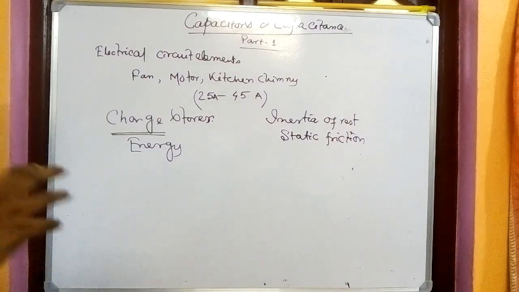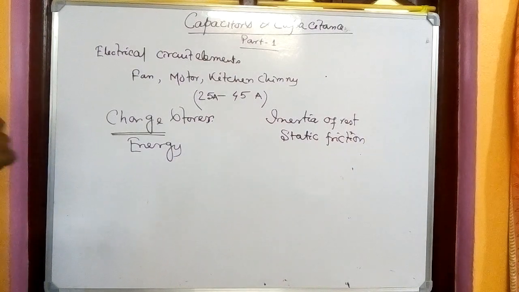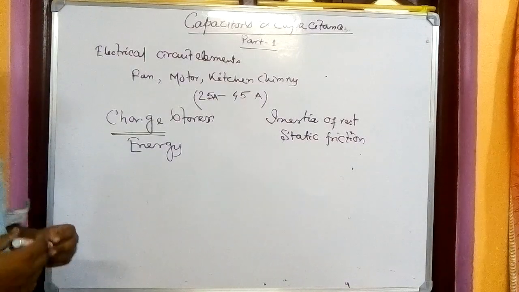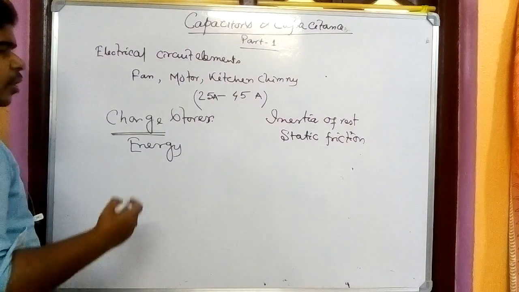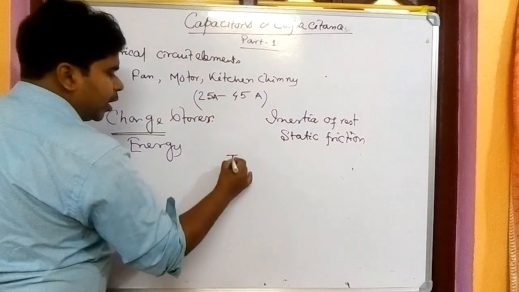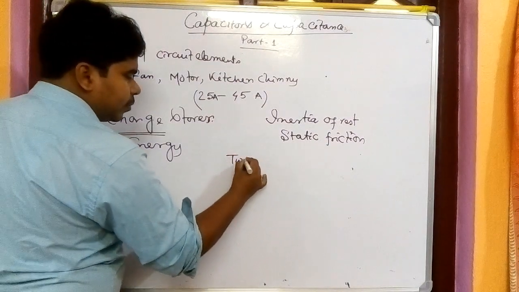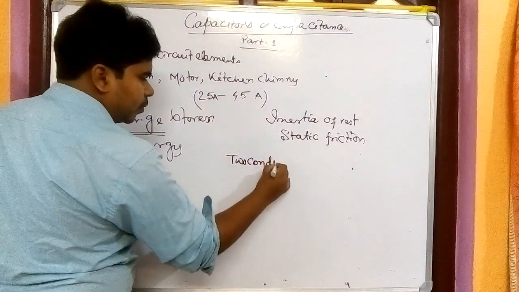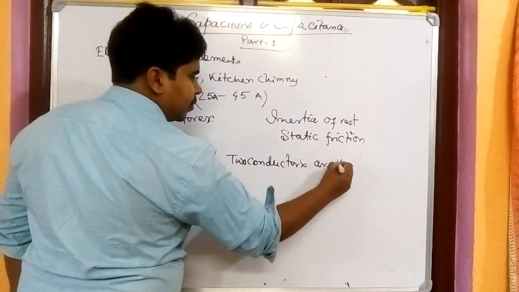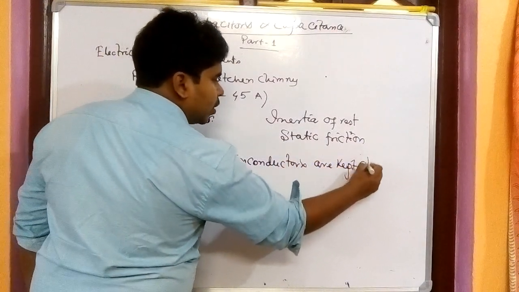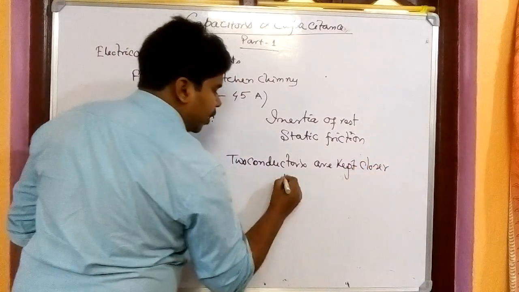Now the question is, how are we able to make this? If I go by the definition, a capacitor is basically two conductors kept closer together.